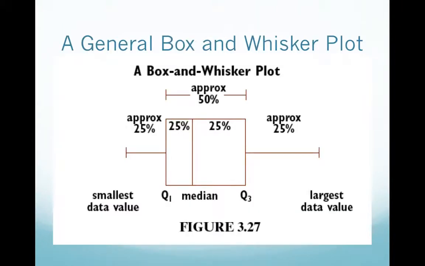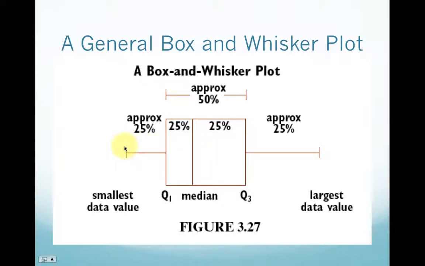This is what a completed box and whisker plot looks like. We have a box in the center, and on either side of the box you have these things that come out, which are called the whiskers. And this is how the data values are divided up.